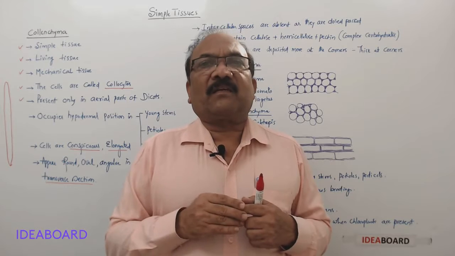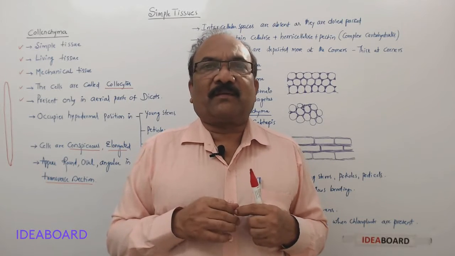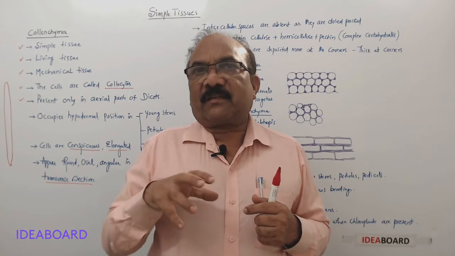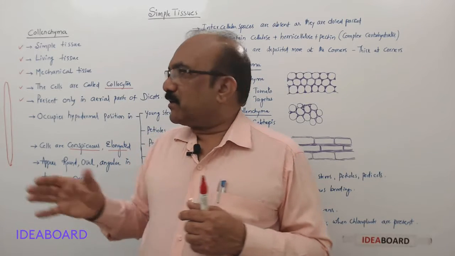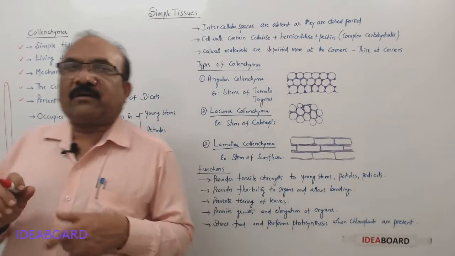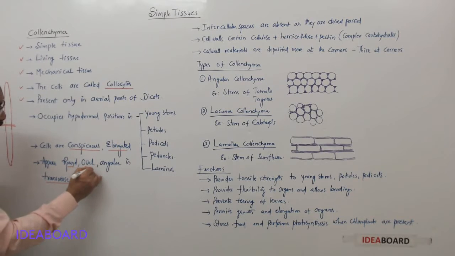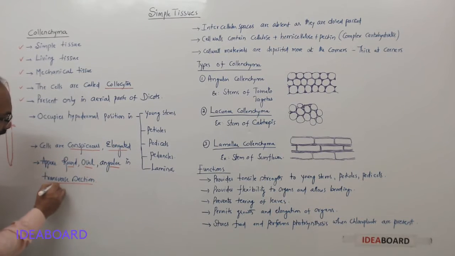That is called mounting, and then we place it under the microscope. In the transverse section, the cells do not appear elongated, because the cell will be cut like this. That's why they appear round, oval, or angular in transverse section.